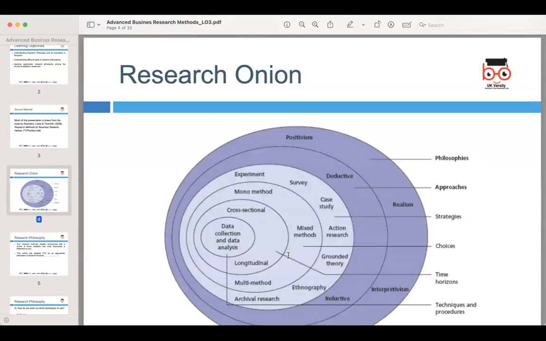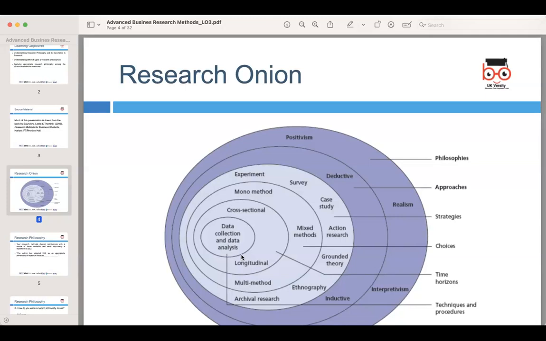Research onion. So here you can see different kinds of layers. So it is research layers like an onion. The research onion is a tool that helps researchers navigate the various layers of a research project.